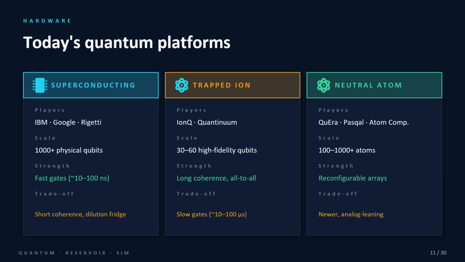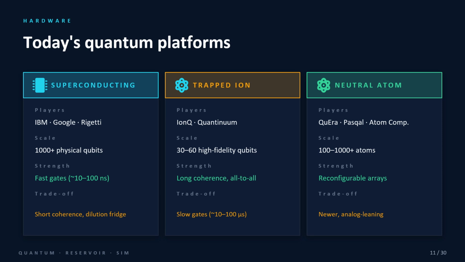Trapped ion systems can have high fidelity and long coherence, but their gates are generally slower. The third is neutral atom quantum computing, developed by groups such as QuEra, Pasqal, and Atom Computing. Neutral atoms can support large and reconfigurable arrays and are promising for analog and hybrid quantum simulations.